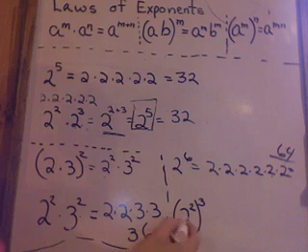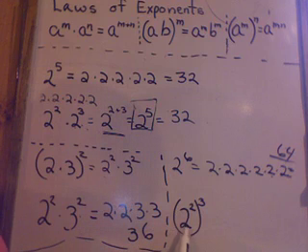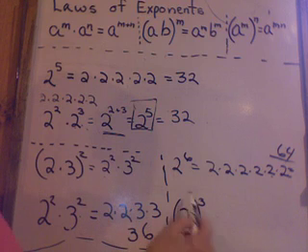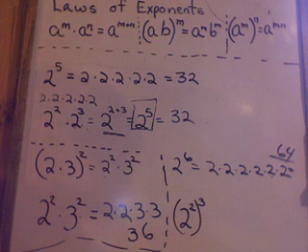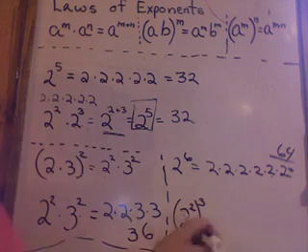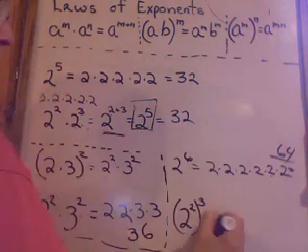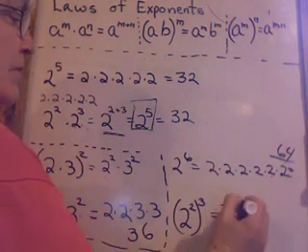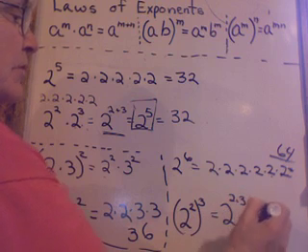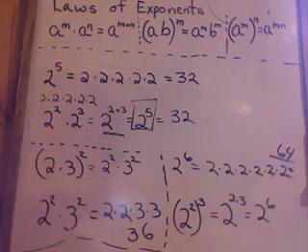Okay. When you have a base to an exponent and then that whole quantity raised to another exponent, it can be written by doing 2 to the 2 times 3, which is 2 to the 6th.